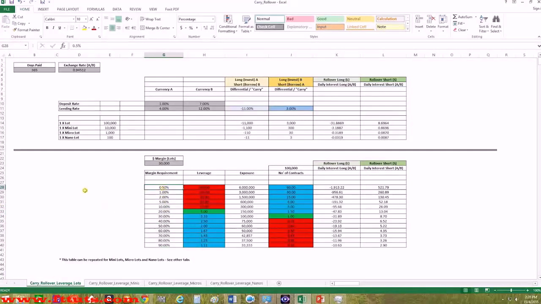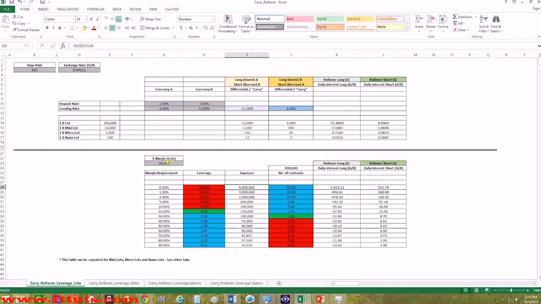So let's start with the extreme example of 0.5% margin requirement, and that's equivalent to 200 times leverage. So as we did earlier in terms of working out the leverage, it's just 1 divided by the margin requirement, as you can see, 1 divided by G28. And the exposure, if we were to use the full leverage that the broker is offering us, is 6 million.